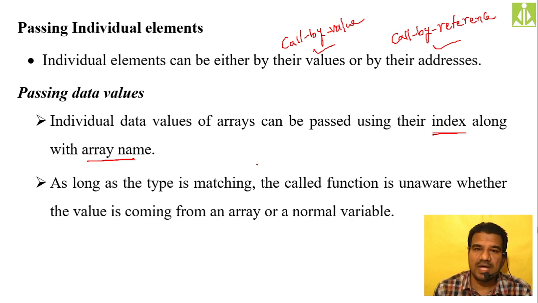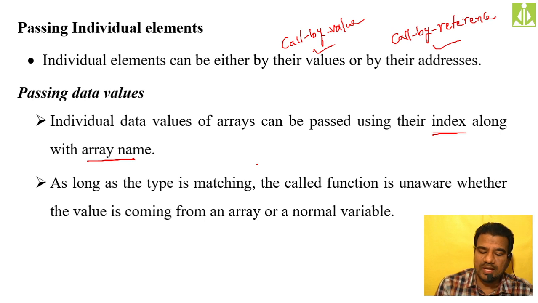It is completely unaware that we are passing an element from the array. It will consider that element as a variable only, and it will receive that element as a single value, and it will manipulate it, print it, and perform the operations on that element like an individual element only.